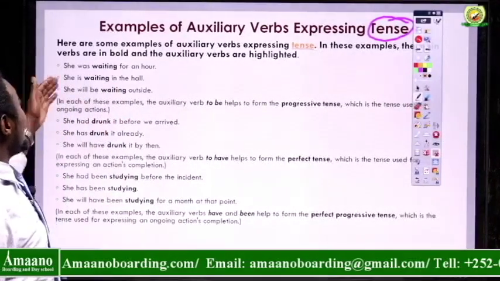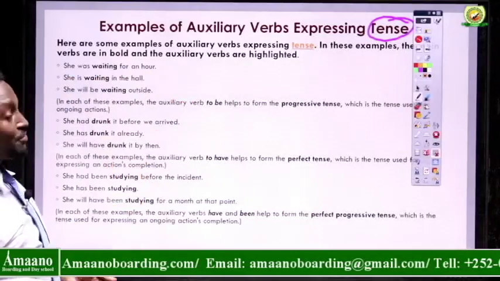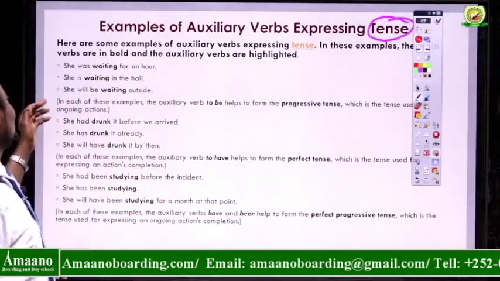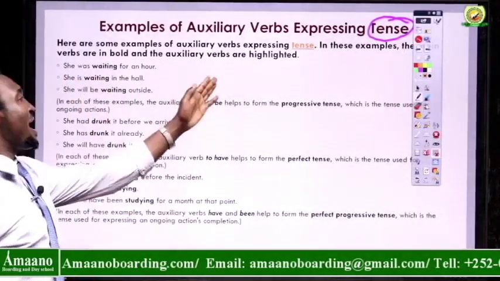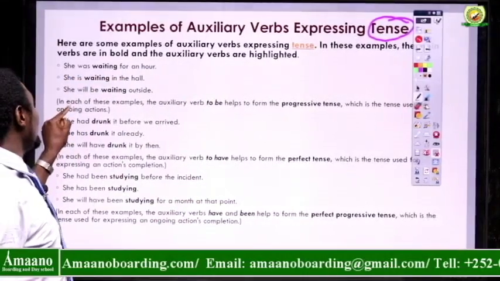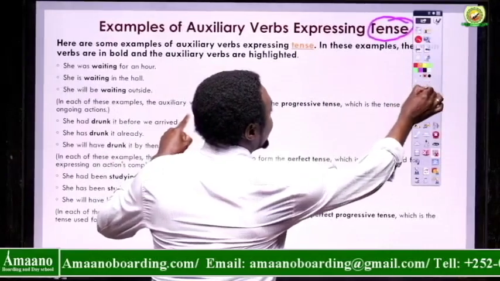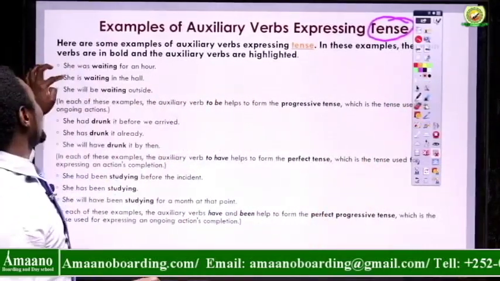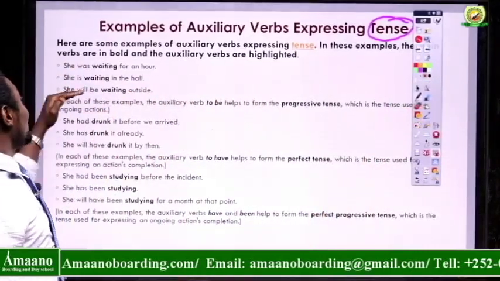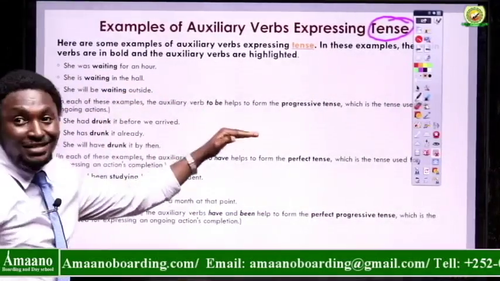Now, here are some examples of auxiliary verbs expressing tense. Look at these sentences. "She was waiting for an hour, she is waiting in the hall, she will be waiting outside."